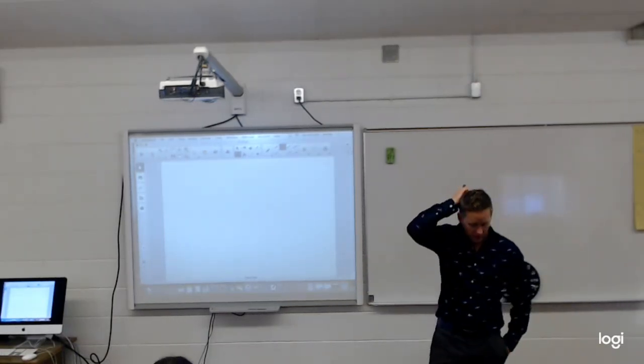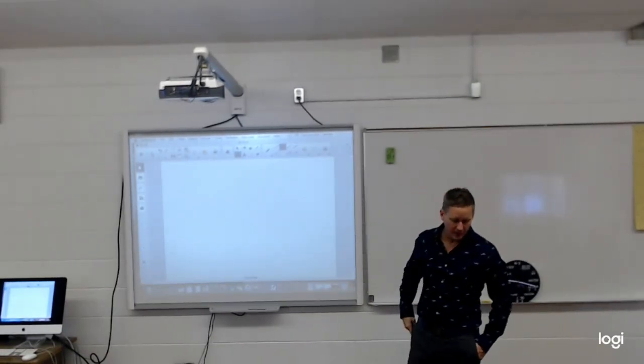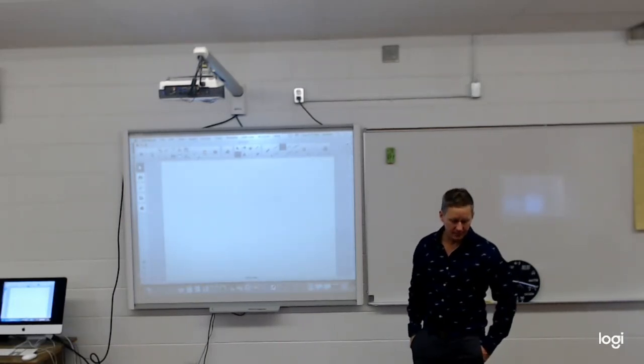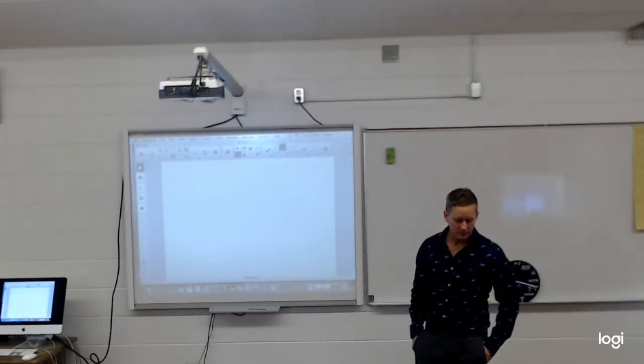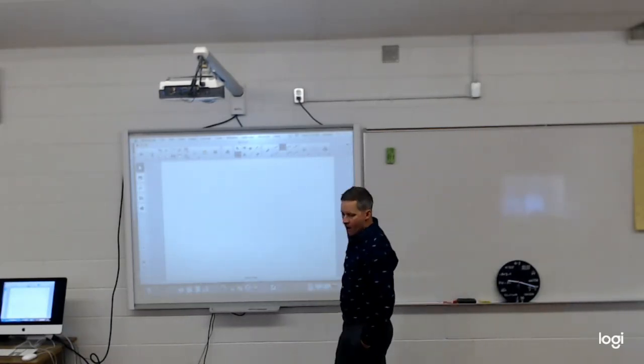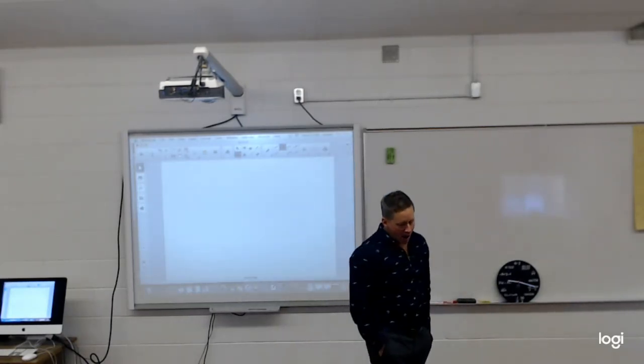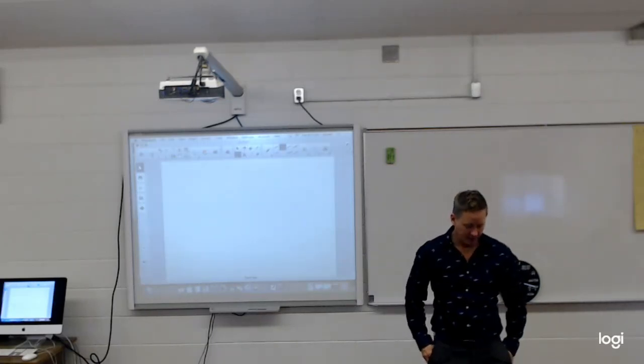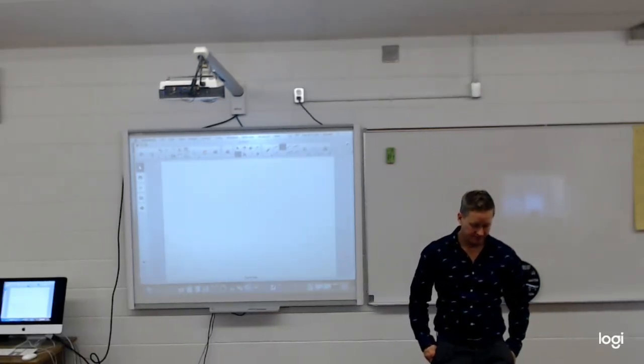For 7.4, is there anything in 7.4 that we had difficulties with? On page 193, number 10B. What is the equation of the function in factored form? Yeah, are you just supposed to explain the coordinate or something? They give you the coordinate, 1 and 18.